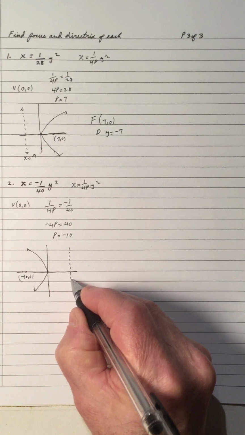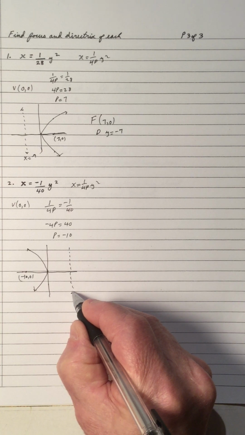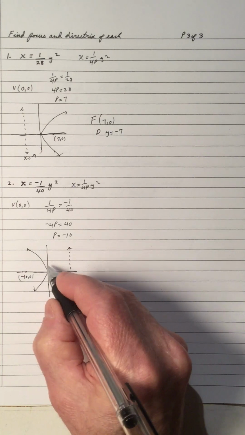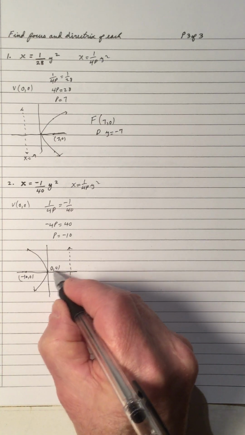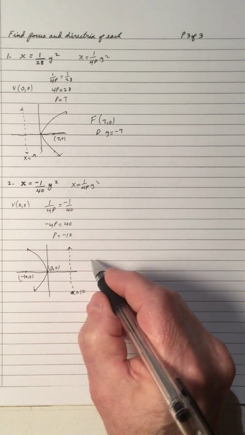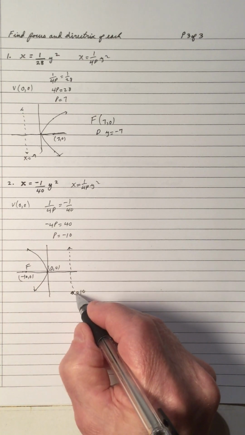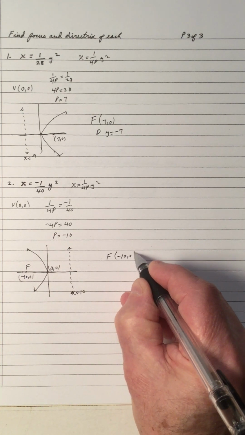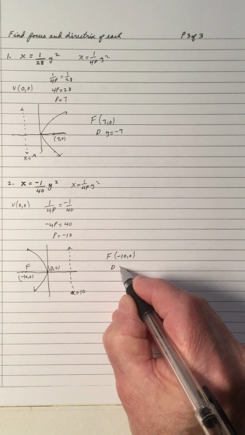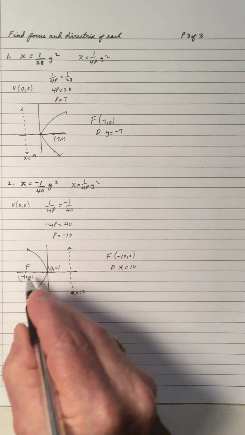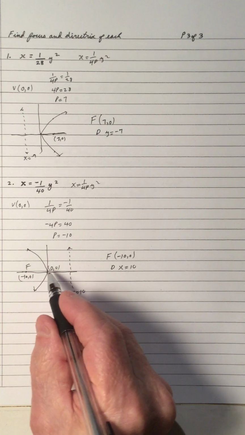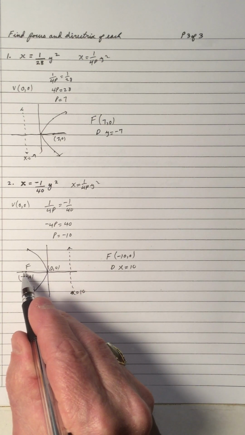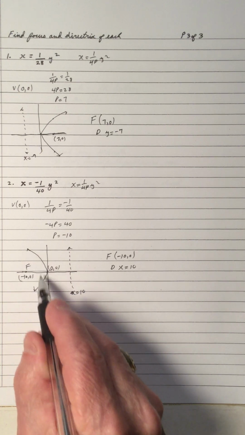Directrix is on the other side, and it's x equals 10. And the vertex is 0, 0. So the focus is negative 10, 0, and D is directrix, x equals 10. Again, the focus is inside the parabola. So the vertex is 0, 0, and the focus is at negative 10, so it has to move sideways.